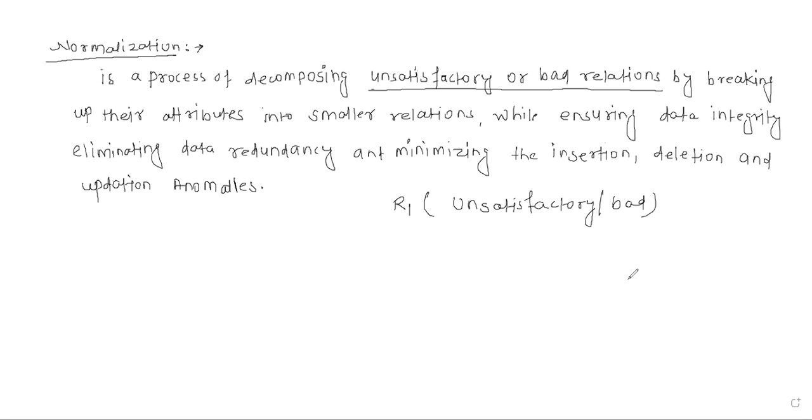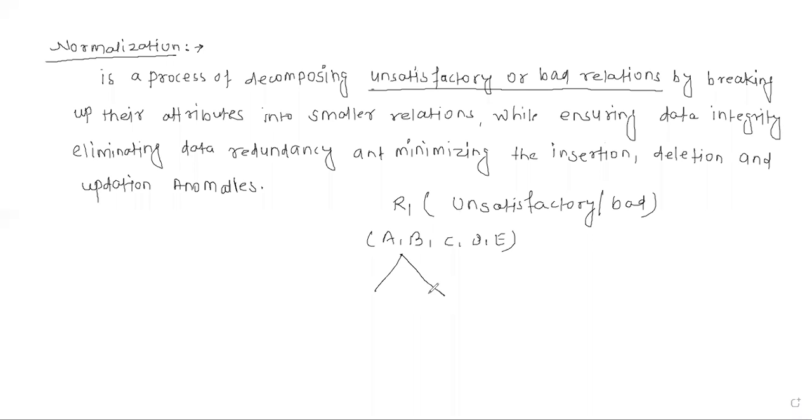So what do you have to do? You need to break that table. Ultimately, breaking a table means what? Suppose this table has 5 attributes A, B, C, D, and E. Breaking the table means this R1 you need to convert into two more tables, where you need to keep in mind that attributes should not go missing.